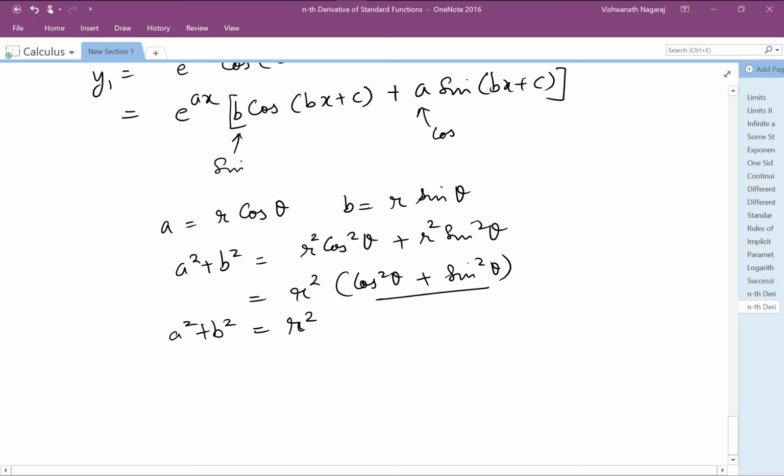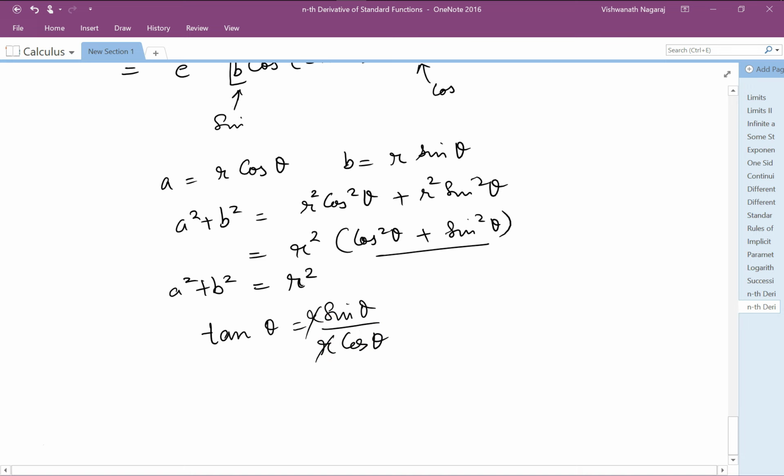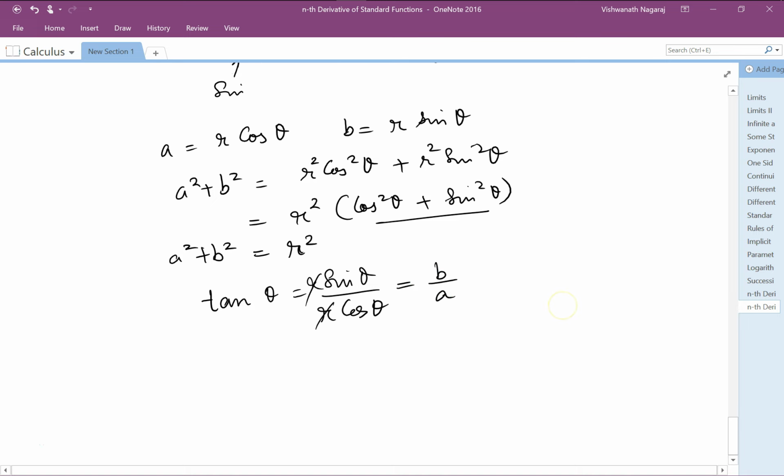Using that we create one. We don't want two separate ones. We want one single trigonometric ratio. So that would be tan theta is equal to, remember, r sin theta by r cos theta. So these two get cancelled. We are left with tan theta, which is nothing but b by a. Now if tan theta equal to b by a, then theta is equal to tan inverse of b by a.